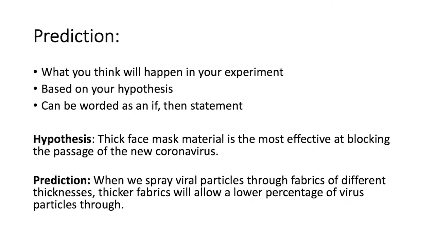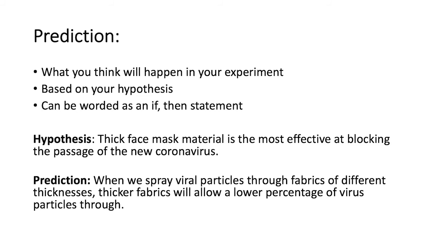Okay, so we've got our experiment designed, so let's make a prediction. A prediction is similar to a hypothesis, but it's more specific, and it's specific to your experiment. It's based on your hypothesis, and it can be worded as an if-then statement, but it doesn't have to be. Our hypothesis was that thick face mask material will block the virus.